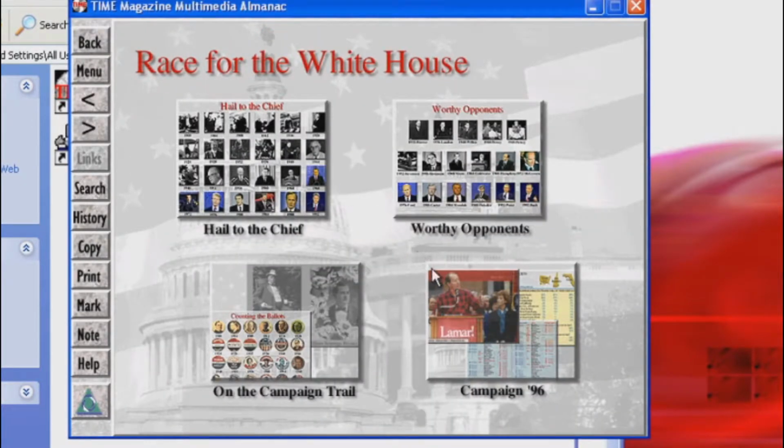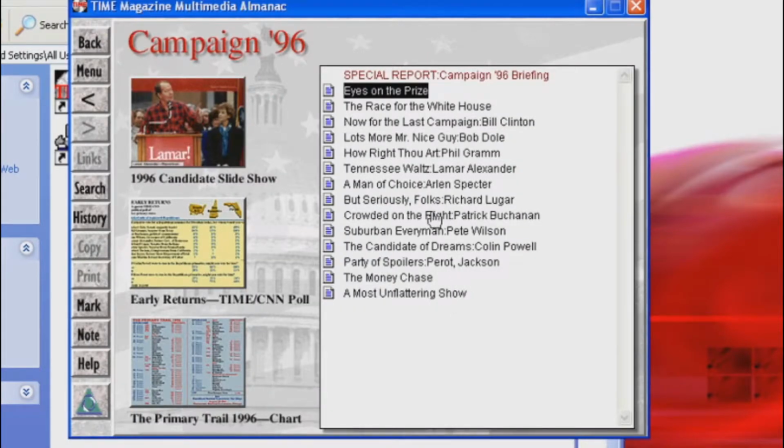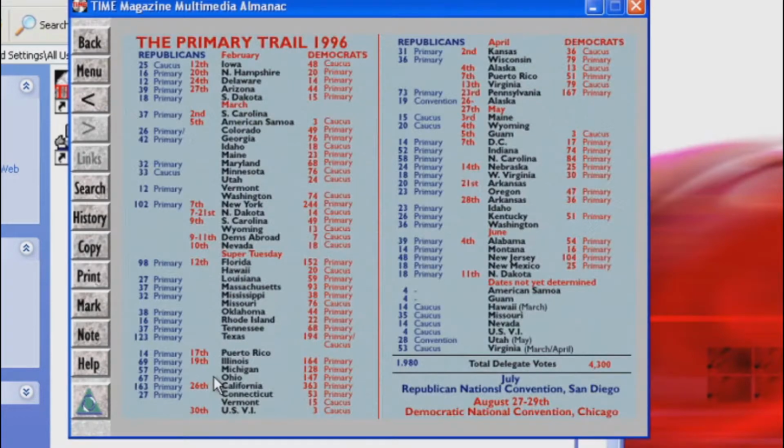So that's the campaign trail stuff. Also, here's a little bit of statistics on how the 1996 presidential campaigns are going. Here's all the upcoming primaries going on.